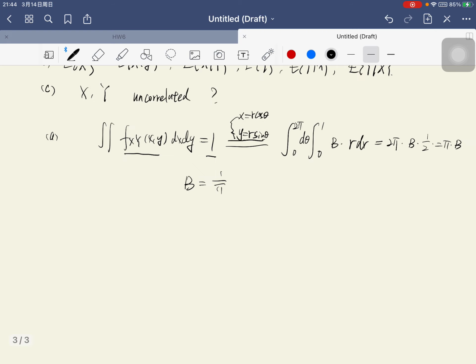So the density function of (X, Y) is 1 over pi when x^2 + y^2 is smaller than or equal to 1, and otherwise it is equal to 0.